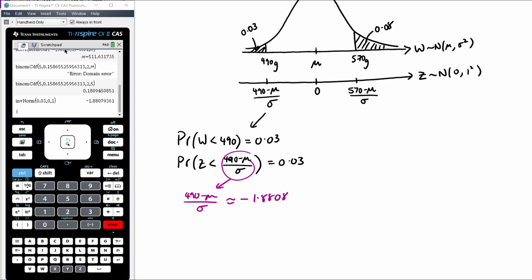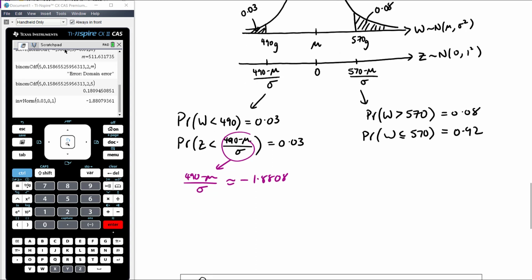And then the other value, from here we learn that the probability that the weights are bigger than 570 is 0.08. So that's the same as the probability of the weights being less than or equal to 570 being 0.92 for the inverse normal probability. So that's the probability that Z is less than or equal to 570 minus the mean divided by the standard deviation.